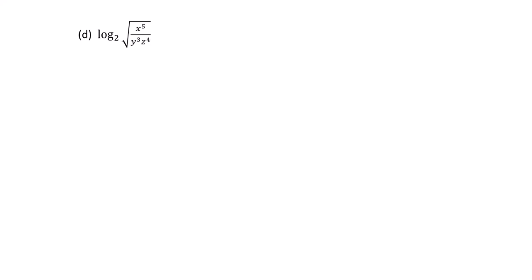Here I have log base 2 of the square root of x to the 5th over y cubed z to the 4th. So I'm going to change the square root to be rational exponent form instead. And that means that's all going to be to the 1/2 power.